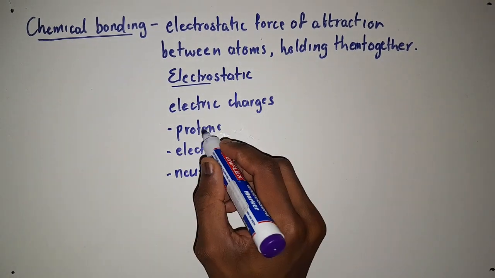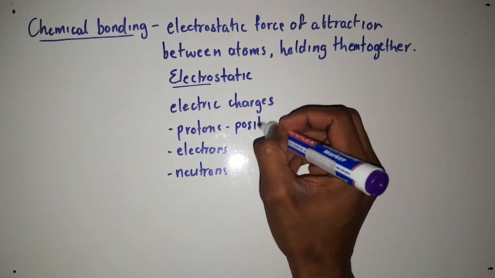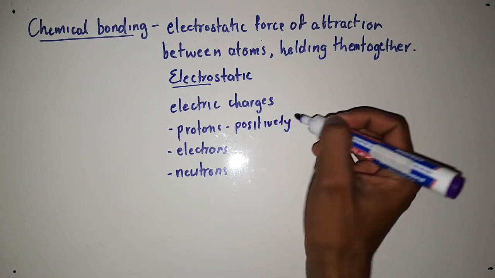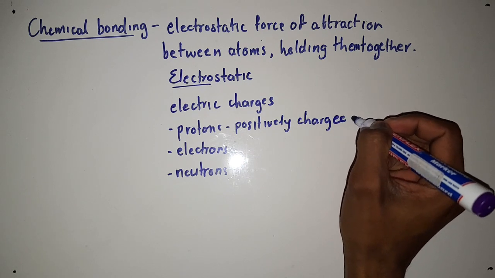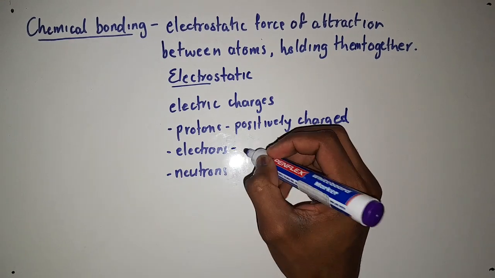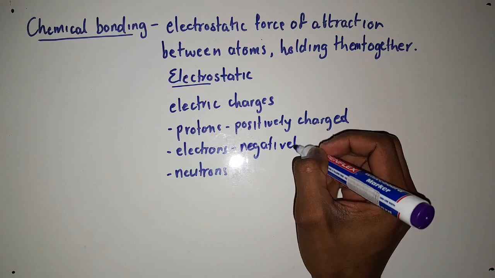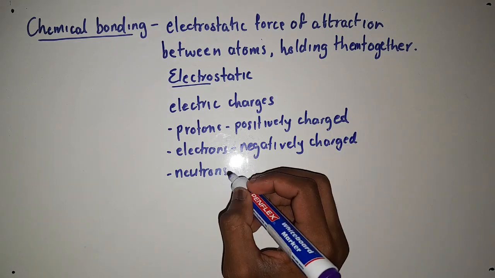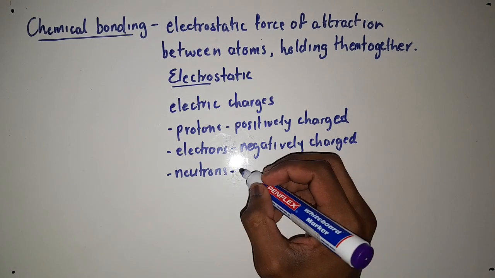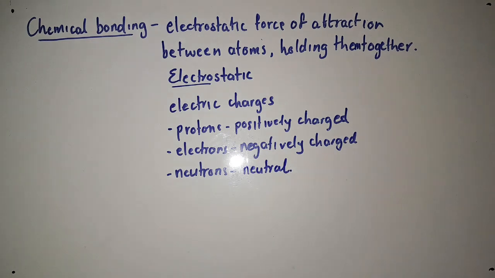Protons are positively charged. Sorry, electrons are negatively charged. Then the last one, neutrons, we say they are neutral.